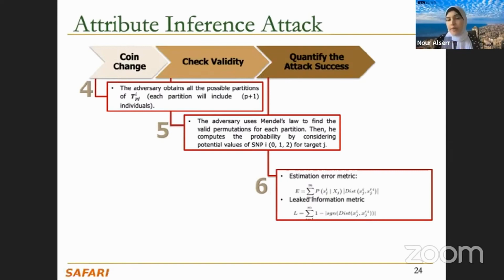Based on that, we can say, okay, he was correct in 90% of them. He has some estimation errors of, let's say, 30%, and so on. Also we can calculate how many positions are leaked. For example, if we are considering 100 SNPs, how many out of these 100 he could infer correctly. So these are the metrics we use.